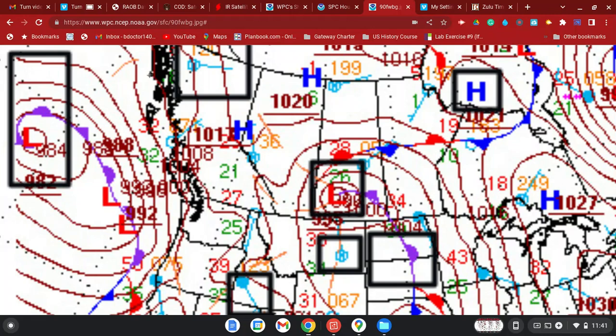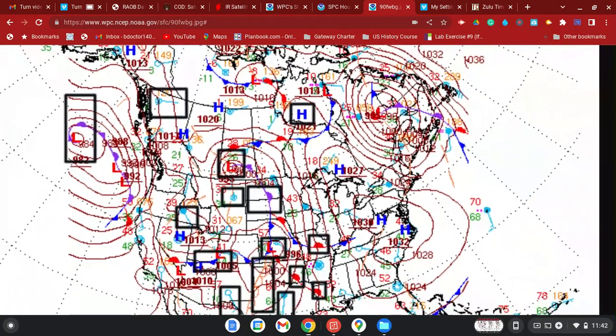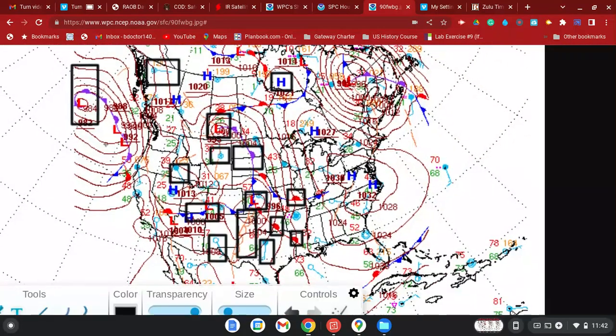So you have to know your cardinal directions and your intermediate directions. And again, we'll be doing some exercises with this later.